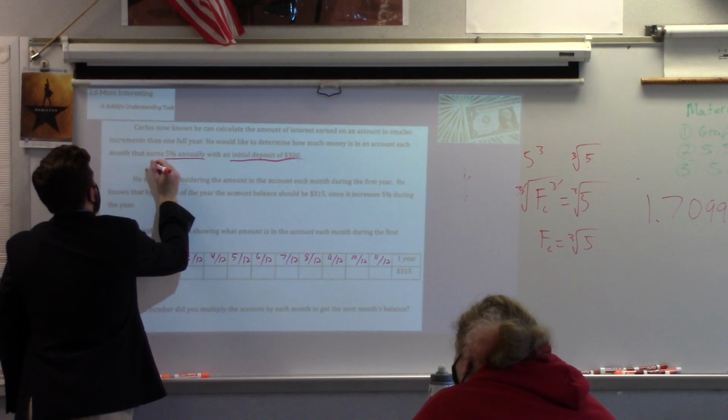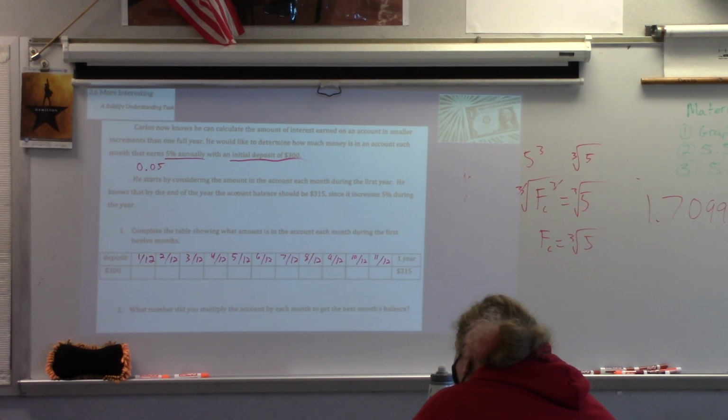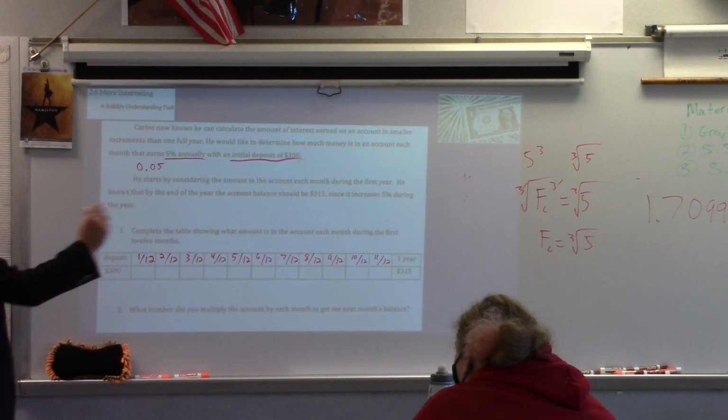But if I multiplied a number by 0.05, would it get bigger or smaller? It's going to get smaller. So how is he increasing money if it would get smaller when multiplying? Because you add 5% to the 100% he already has. Yes, you add 5% to the 100% he has.